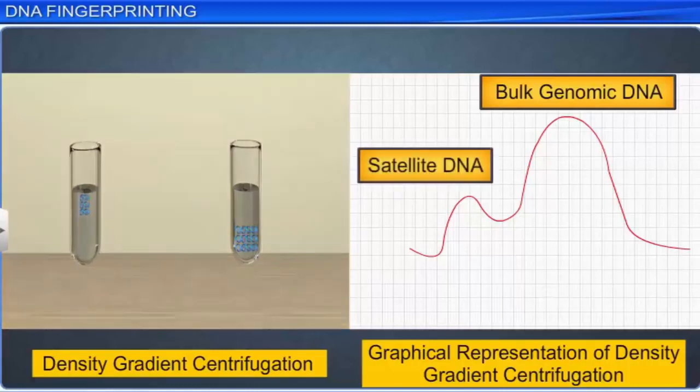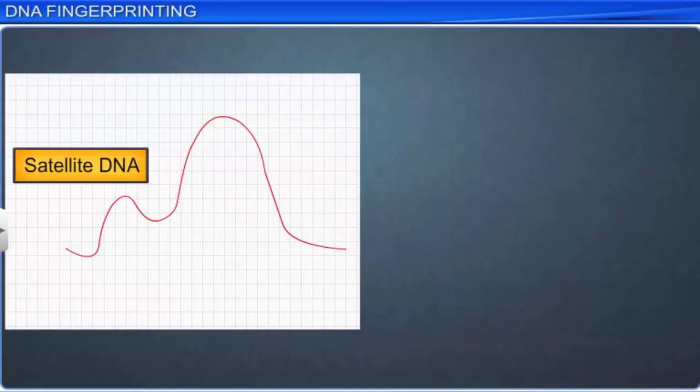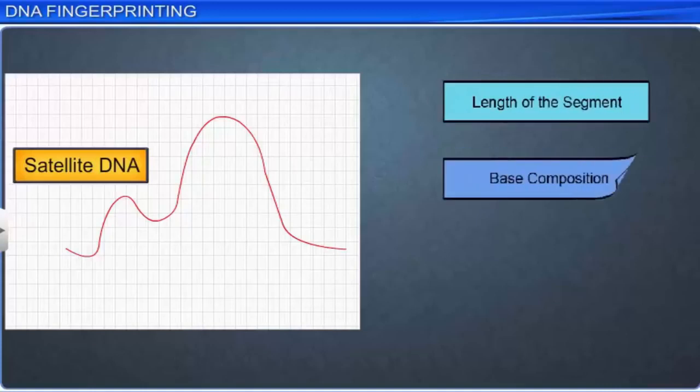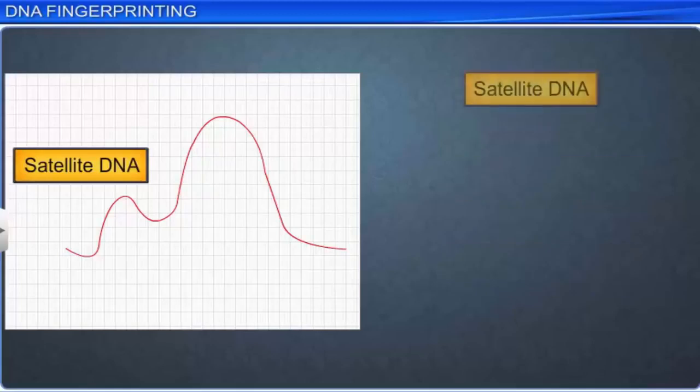Satellite DNA is highly repetitive and consists of non-coding sequences. Based on the length of the segment, base composition, and number of repetitive units, satellite DNA can be classified as mini-satellite DNA and microsatellite DNA.